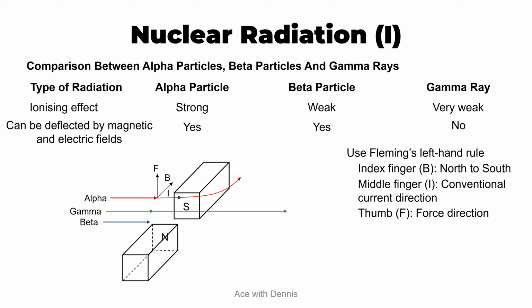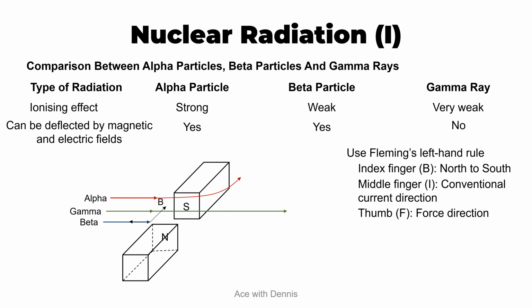We'll do a similar process for the beta particle, where this will be the direction of our index finger, pointing from north to south. This will be the direction of our middle finger, pointing in the conventional current direction.